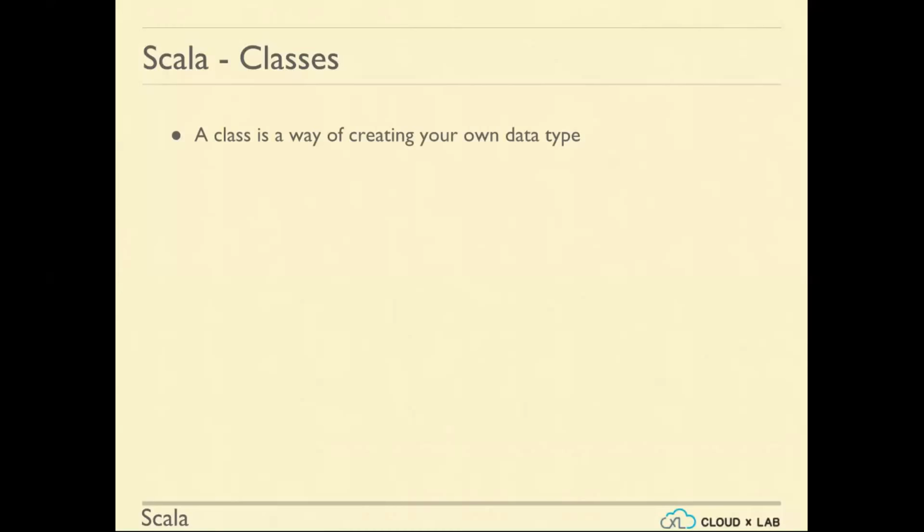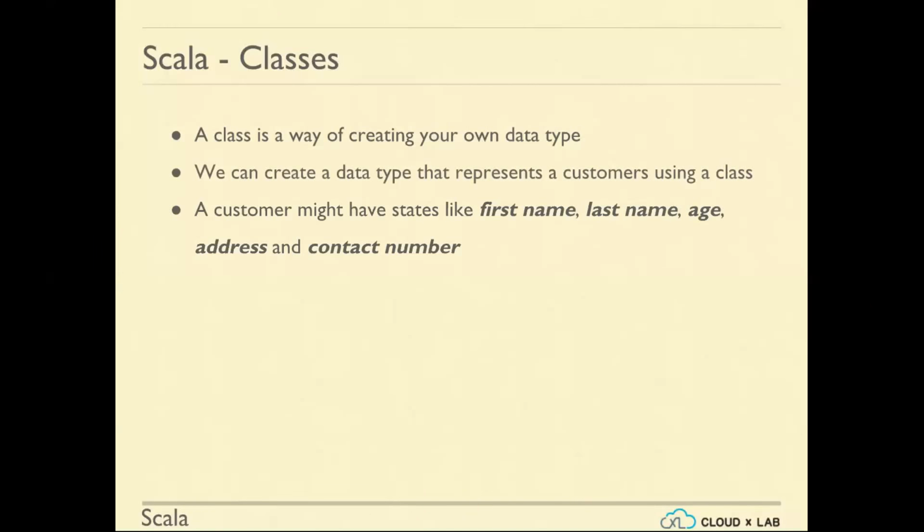So in very simple words, when you want to create your own data type, we have integer, string, float, double, and so on. Sometimes we want to create our own data type. That's what is called a class. We can create a data type that represents a customer using a class. A customer might have fields or states. In Scala, fields are also referred to as states.